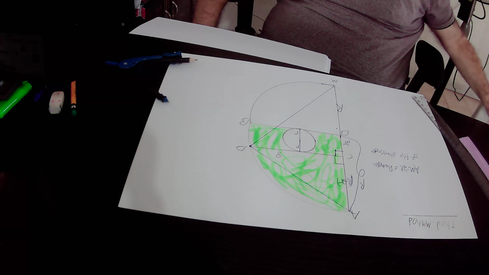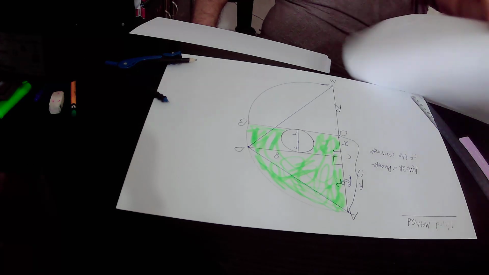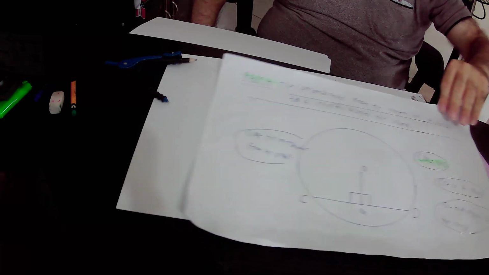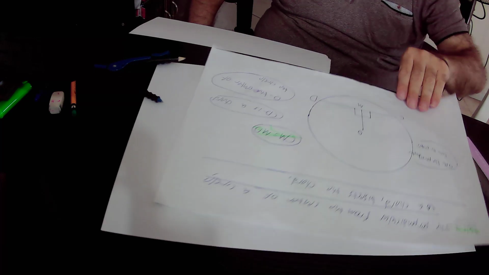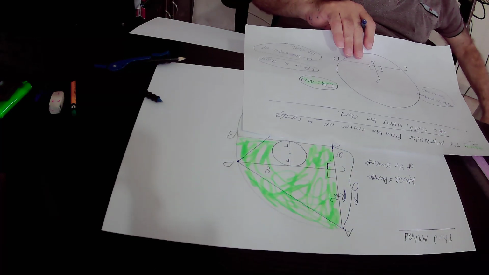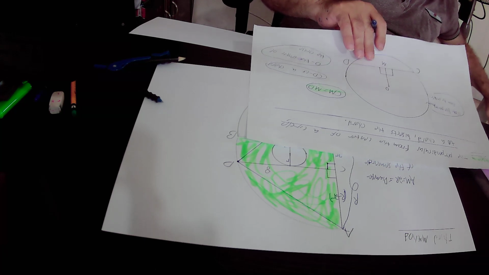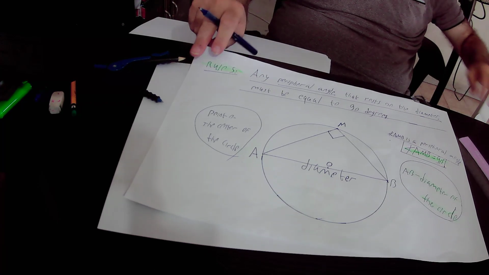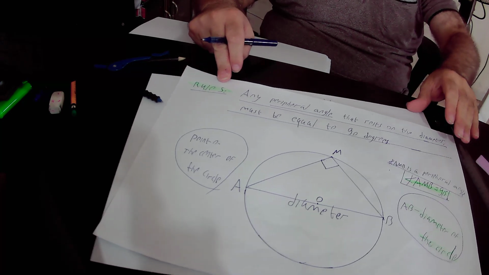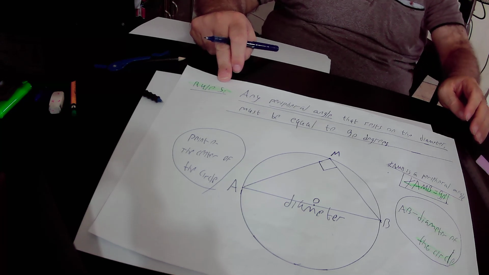So here we have rule number 5. According to rule number 5, any peripheral angle that rests on the diameter of a circle must be equal to 90 degrees.